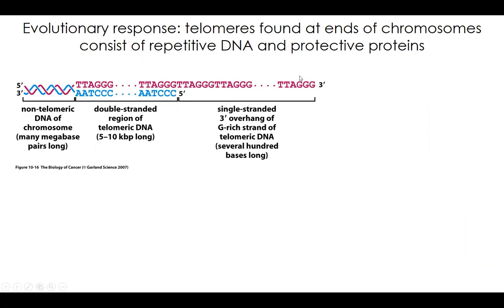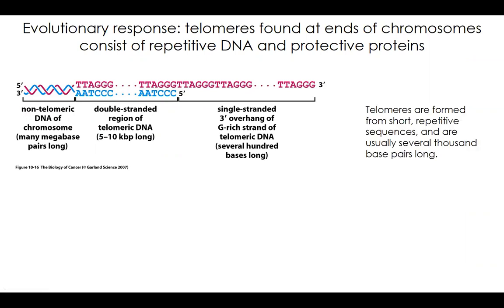The ends of the chromosomes are called telomeres, because they're at the end. The telomeres are formed from short repetitive sequences, so this one's like 6 nucleotides repeated, TTA, GGG, TTA, GGG. You don't have to memorize that. It's a little different for every species, but about 6 to 8 nucleotides is normal.